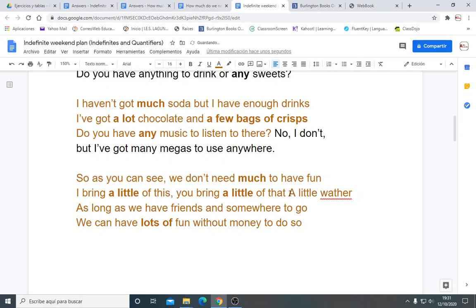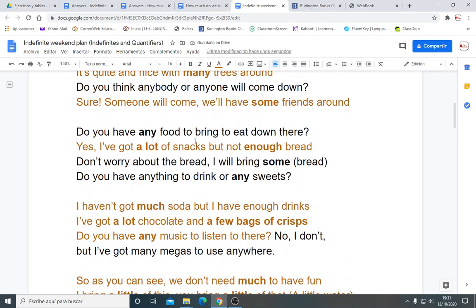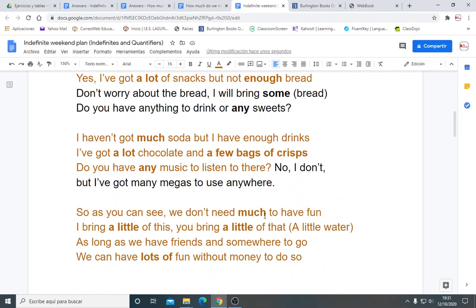Let's put it in brackets here. Sorry, because a little and a few are also similar in the same way that many and much, because we use a few with countable things, okay, a few bags, a few trees, a few dogs, and a little with things that we cannot count, like a little water, a little sugar, a little salt, etc. All right.